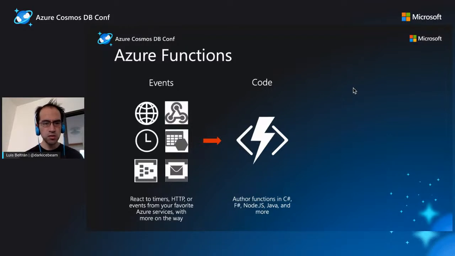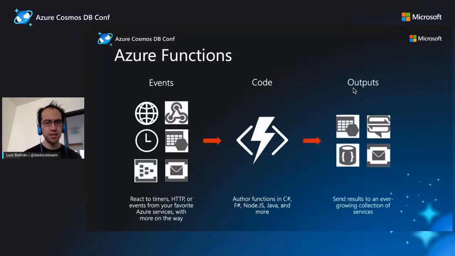You have different options. You can write your code in C#, Node.js, F#, and other languages. And one of the good advantages is that you can bind some input and output elements.